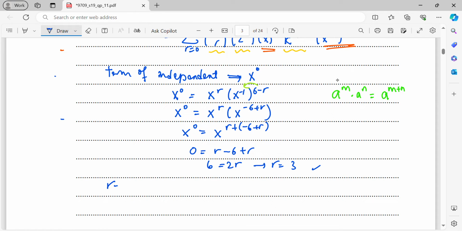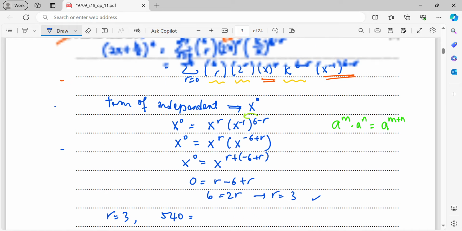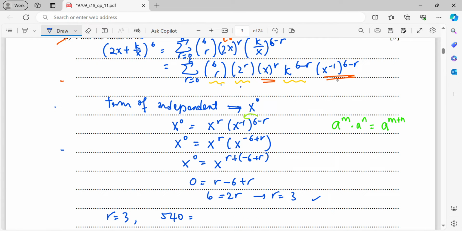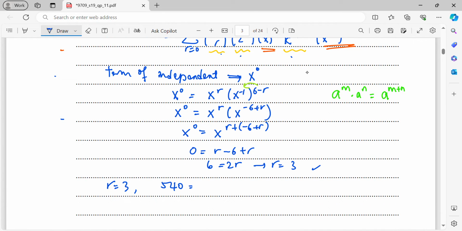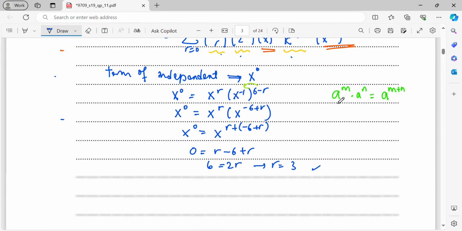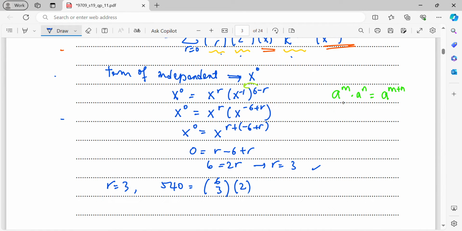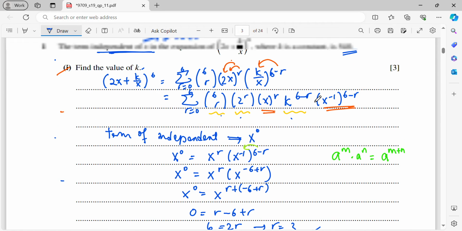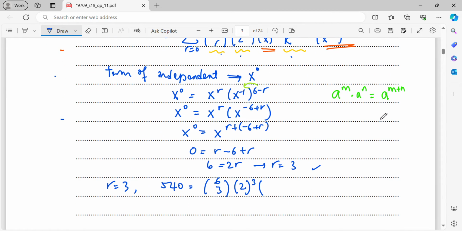So when r equals 3, 540 equals, just replace the r with these 3 values. So I will get 6C3, and then 2 to the power of r, therefore 2 power 3. After that, k to the power of 6 minus r. So k to the power of 6 minus 3.